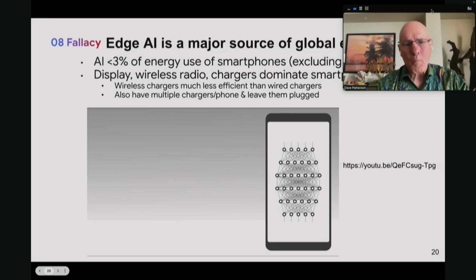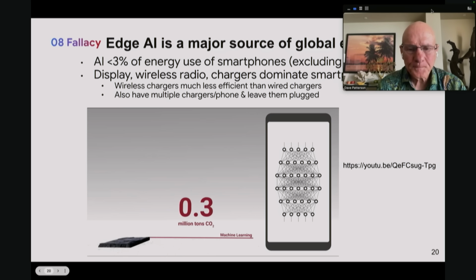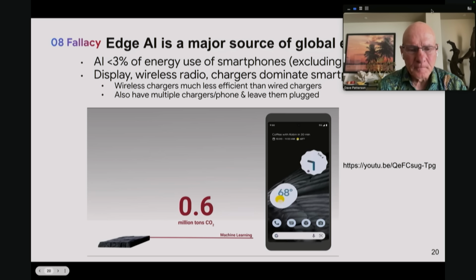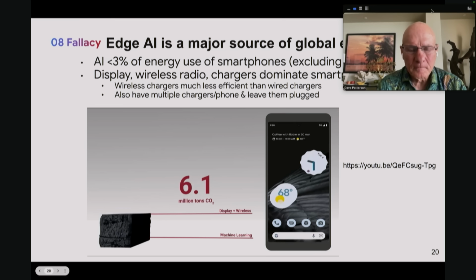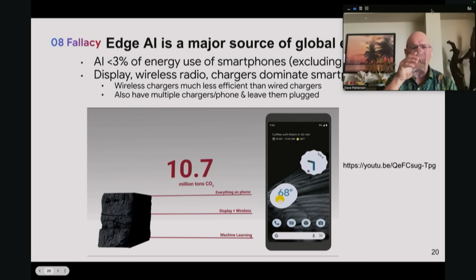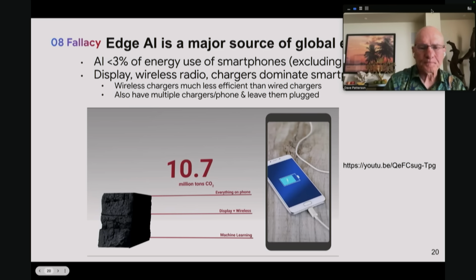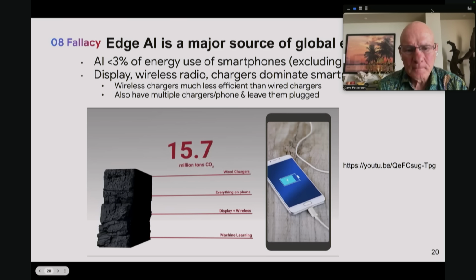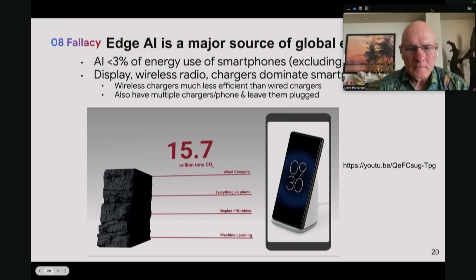What is the carbon footprint of machine learning on our smartphones? The good news is that for all of the phones in the world, machine learning adds up to only about 0.3 million tons of carbon dioxide equivalent emissions per year. Pretty small compared to the amount Wi-Fi and the display add. When we add in all the other processes on the phone, we're just over 10 million tons of CO2. Of course, the phones are running on battery power and only drawing electricity from the grid when charging. Wireless chargers are increasingly popular, but unfortunately, they are even less efficient.